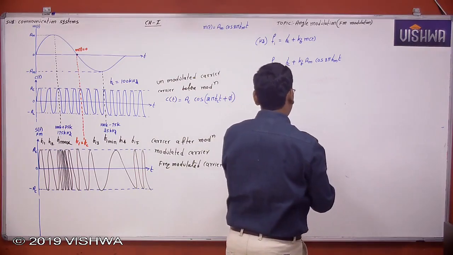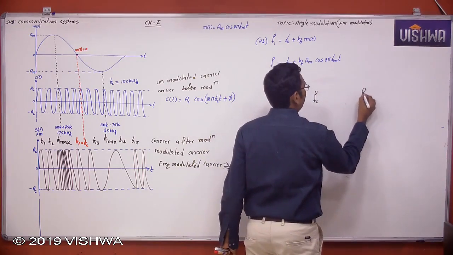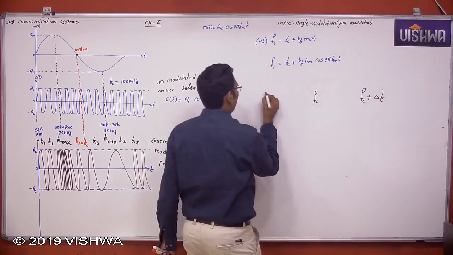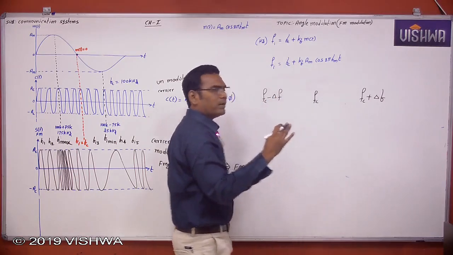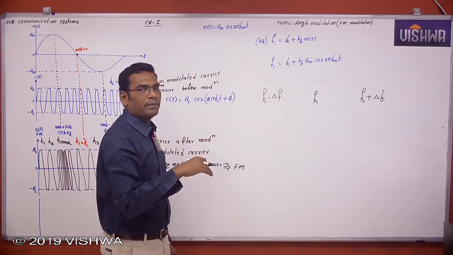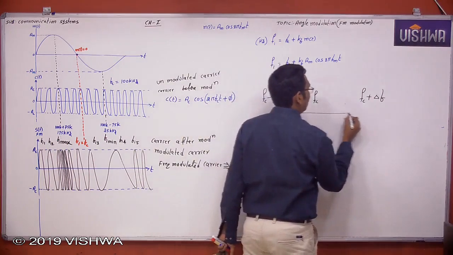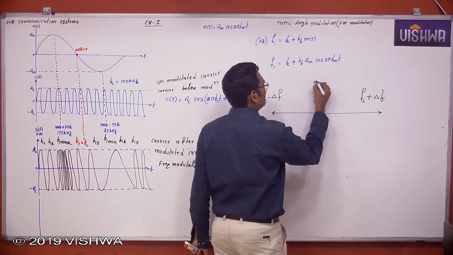The frequency of the carrier before modulation is Fc. After modulation it is Fc plus delta F, and the minimum is Fc minus delta F. So what is the carrier swing? For example, the carrier is 100 kHz.